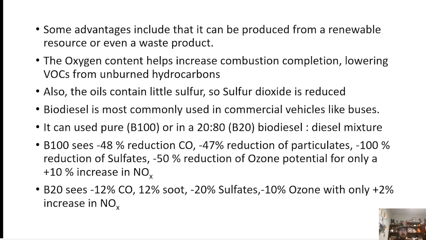However, B20 sees a 12% reduction in carbon monoxide, a 12% reduction in soot, 20% reduction in sulfates, 10% reduction in ozone potential, but only a 2% increase in NOx compared to using full diesel.